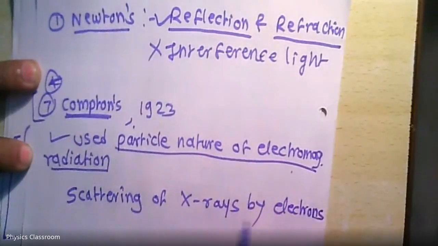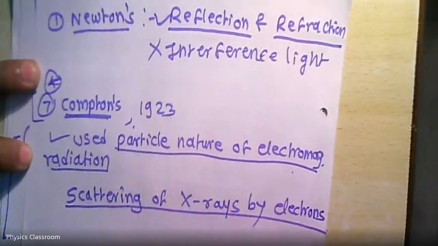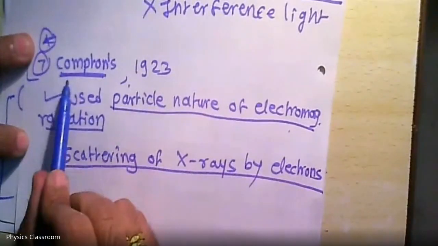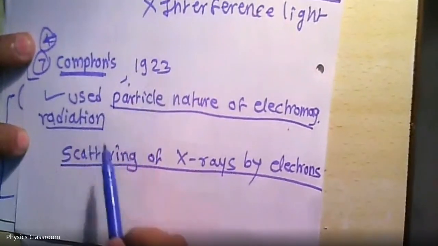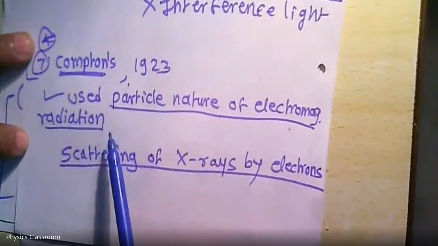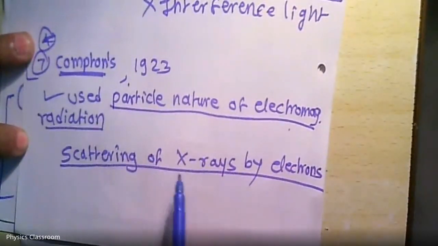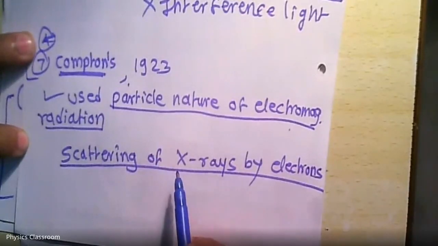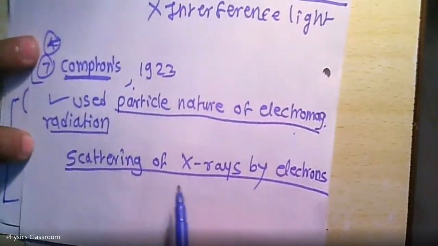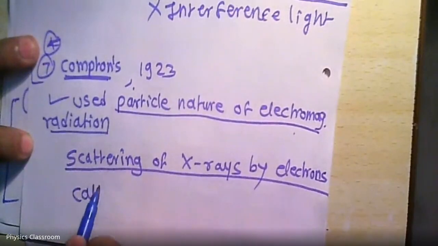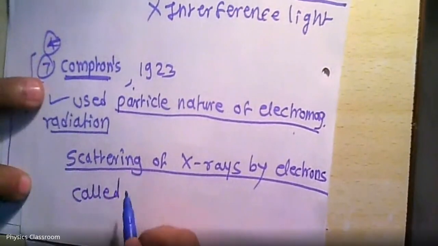It is also a major breakthrough in wave particle duality. The seventh point states that Compton in 1923 used the particle nature of electromagnetic radiation to explain the scattering of X-rays by electrons, and we call it the Compton effect.